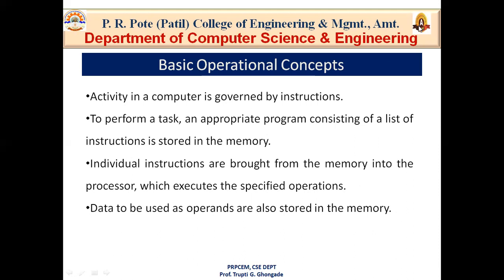As in the last lecture, I told you that fetching an instruction from memory and decoding instructions are functions performed by your control unit, and execution is performed by the arithmetic and logical unit, because your processor is divided into two parts. The first one is the control unit part, and the second one is the arithmetic and logical unit part. So the control unit supervises all the activities. And then the output unit. The output unit gives results back to the user by using output devices like printer, monitor, and so on.